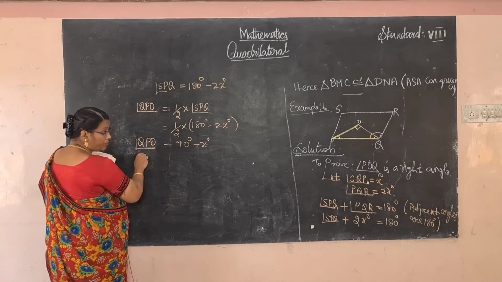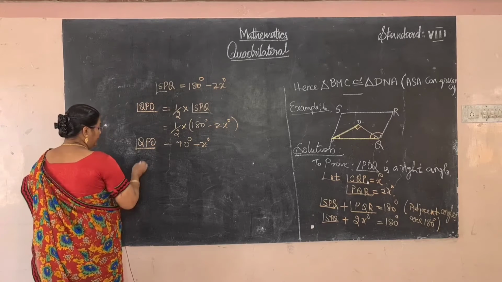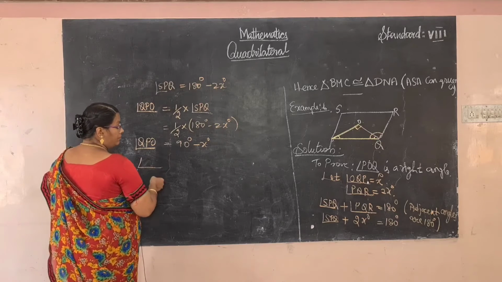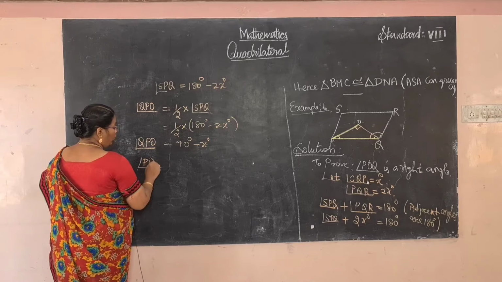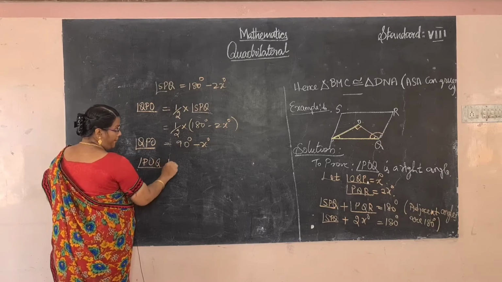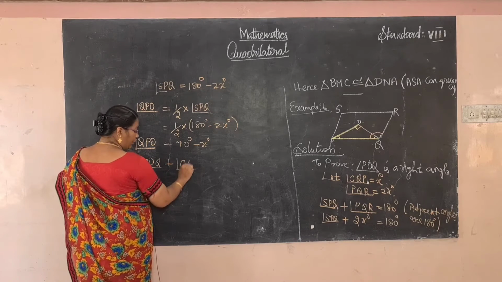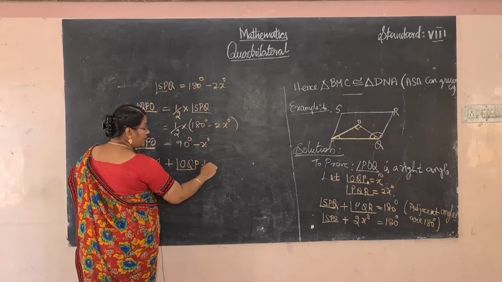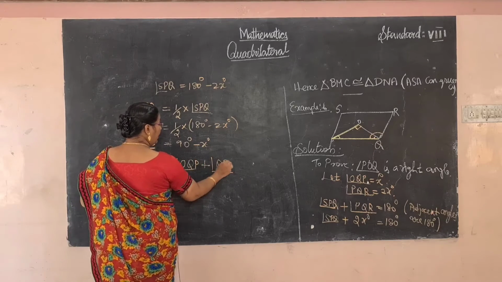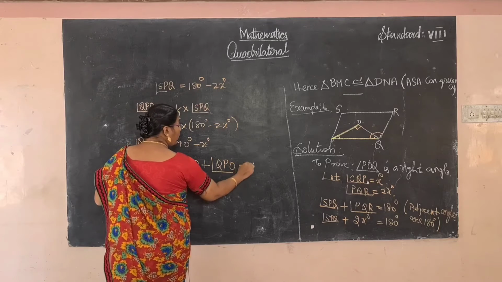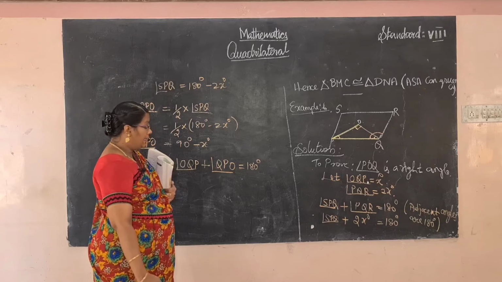So what are the angles there? Angle POQ plus angle OQP plus angle QPO is equal to 180 degrees.